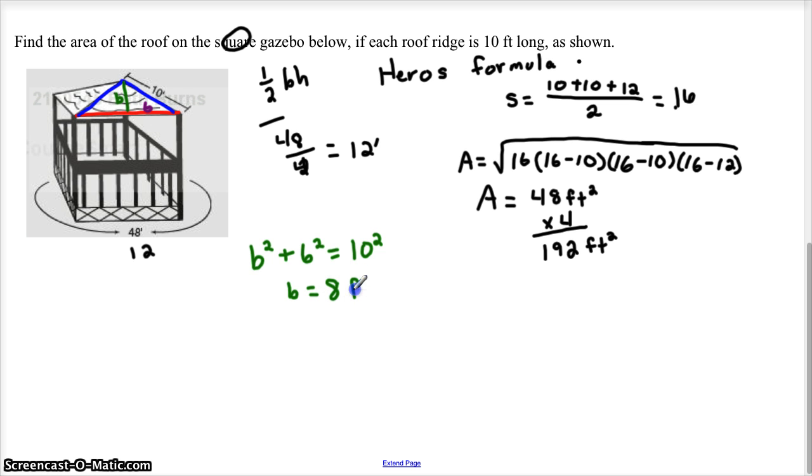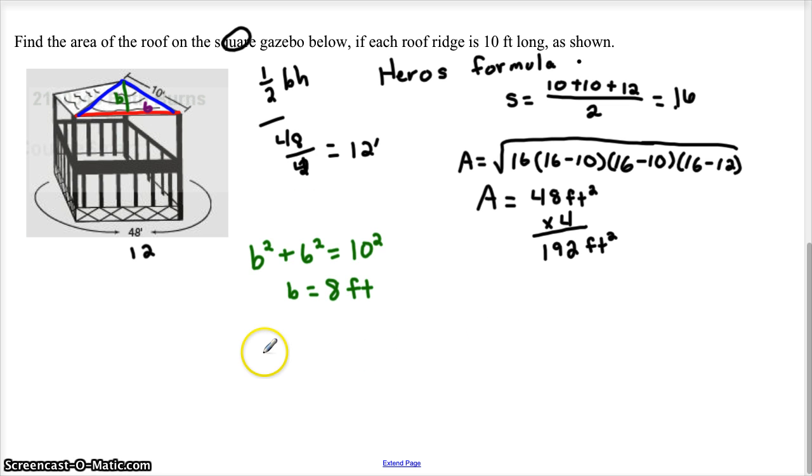So the height of that triangle is 8 feet. Not that you had to notice this, but this is a multiple of a 3, 4, 5 triangle: the 6 is 3 times 2, the B is 4 times 2, and the 10 is 5 times 2.